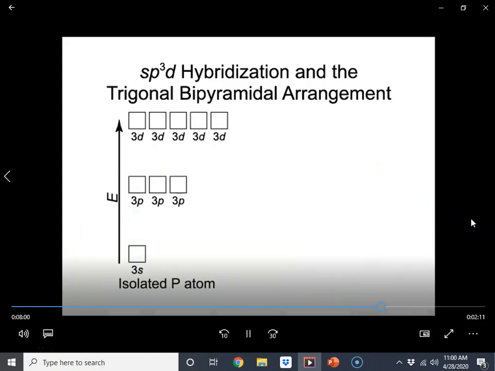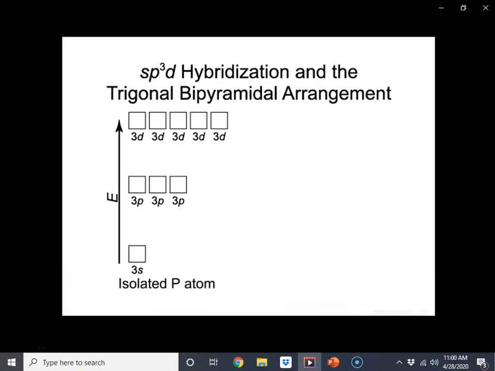So here's our phosphorus. We have 2 electrons in the 3s orbital, and we have 1 electron in each of the 3p orbitals. So that gives us a total of 5 valence electrons for phosphorus. It's in group 5A. And we're going to mix the 3s orbital, all 3 of the 3p's, and 1 of the 3d's, even though there's not an electron there.